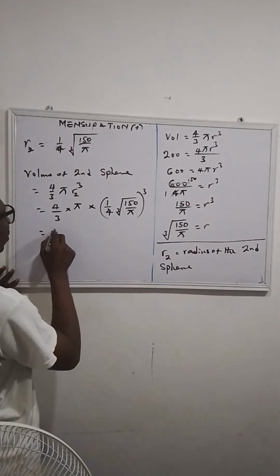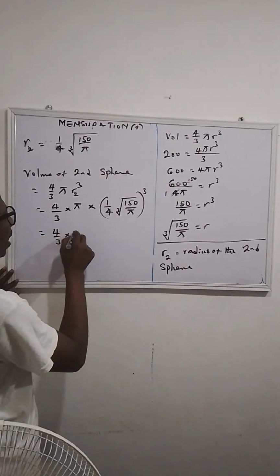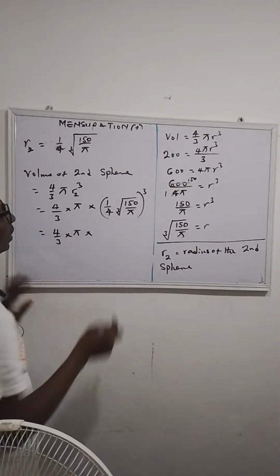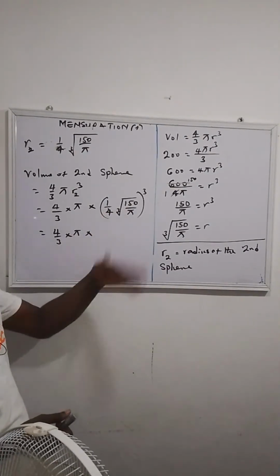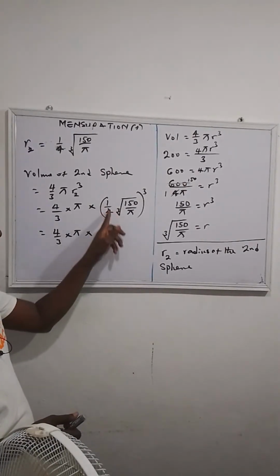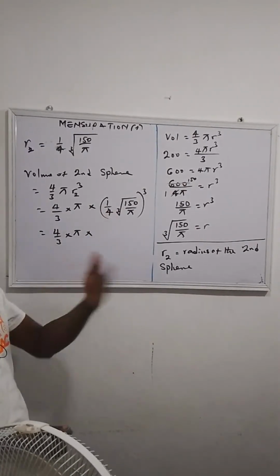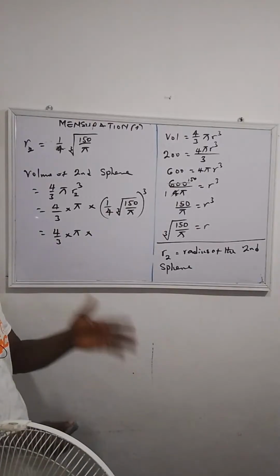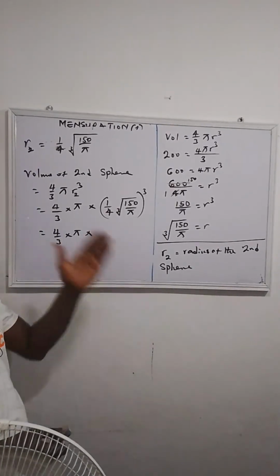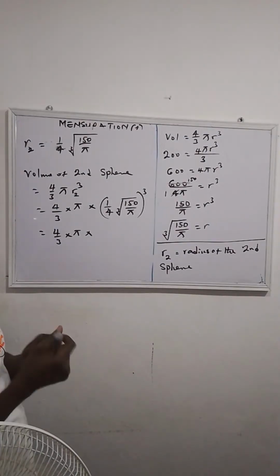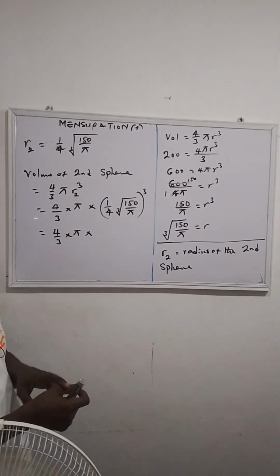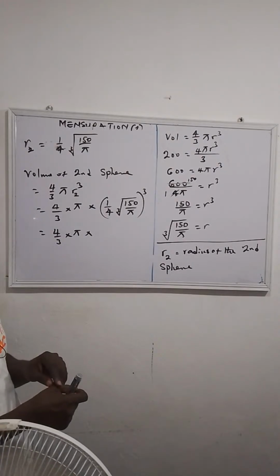So now we have 4/3 times pi times, now we multiply each of them by themselves 3 times. So this 1/4, I'll multiply it by itself 3 times. So 1/4 times 1/4 times 1/4 gives me 1/64, because 4 times 4 is 16, 16 times 4 is 64.